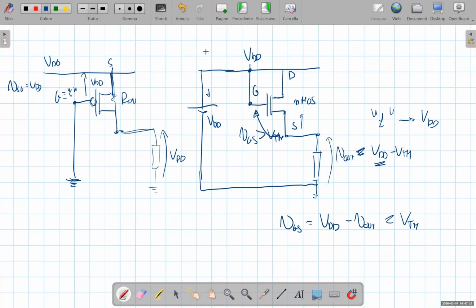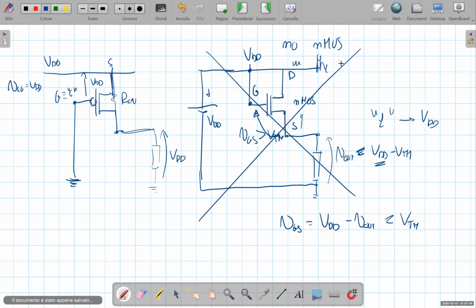For this reason, this is not possible. It is never used in CMOS gates. So no NMOS devices in the pull-up network.